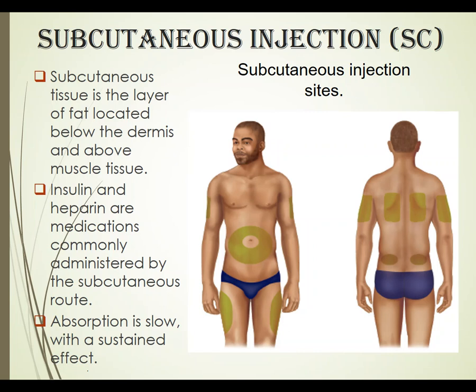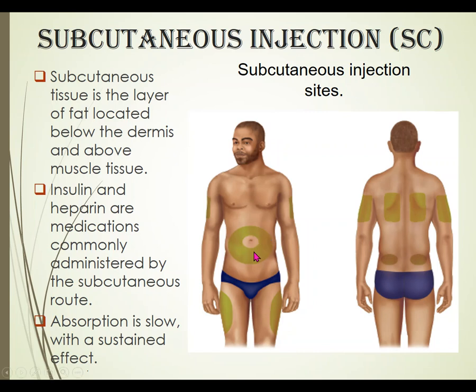But the common sub-Q sites include the abdomen, lateral aspects of the arm and the thigh, and then the scapular area from the back in the upper ventral dorsal gluteal area, right over here. The injection sites will be rotated to avoid development of hard, painful areas where injections are given. So for a diabetic, for example, some folks may give it to themselves in the abdomen.